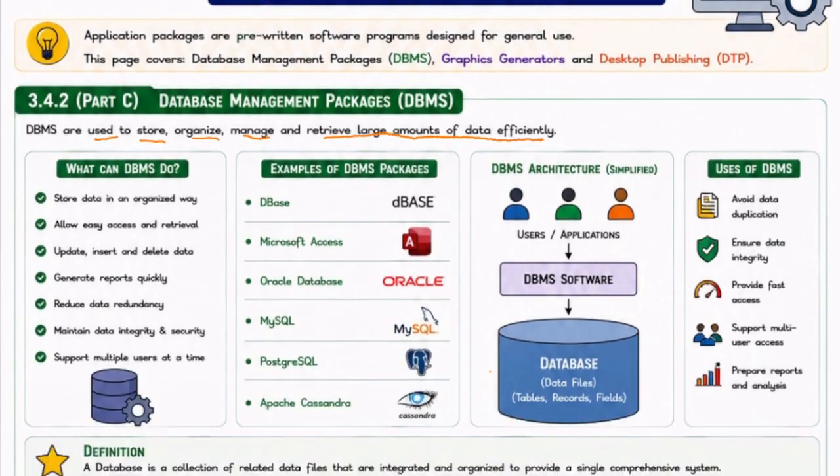DBMS can store data in an organized way, allow easy access and retrieval, update, insert and delete data, generate reports quickly, reduce data redundancy, maintain data integrity and security, and support multiple users at a time. Examples of DBMS packages: dBase, Microsoft Access, Oracle Database, MySQL.